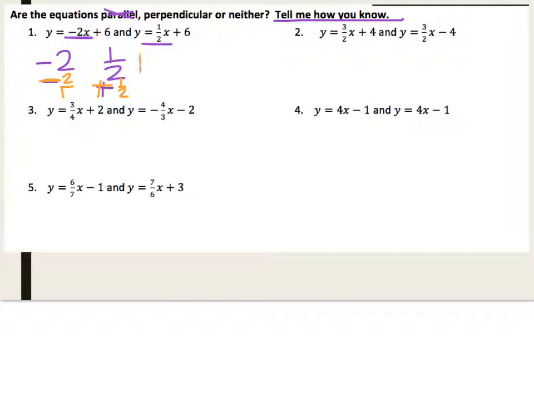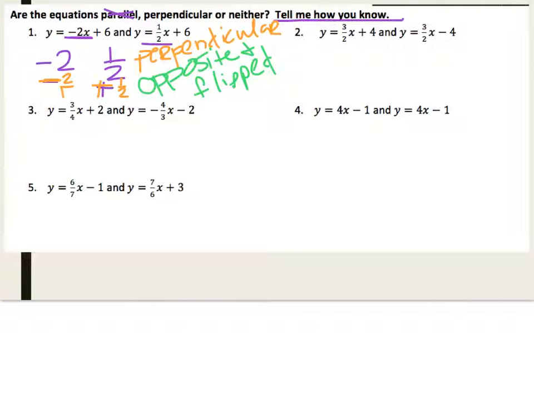So these are perpendicular. And we know this because they're opposite and flipped. Okay? And look at that previous worksheet from Friday if you need practice with the correct language.